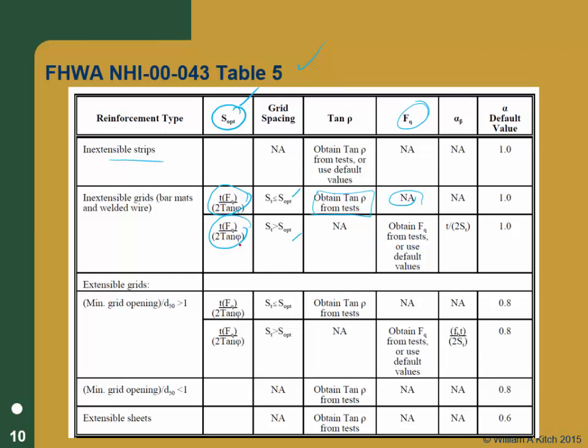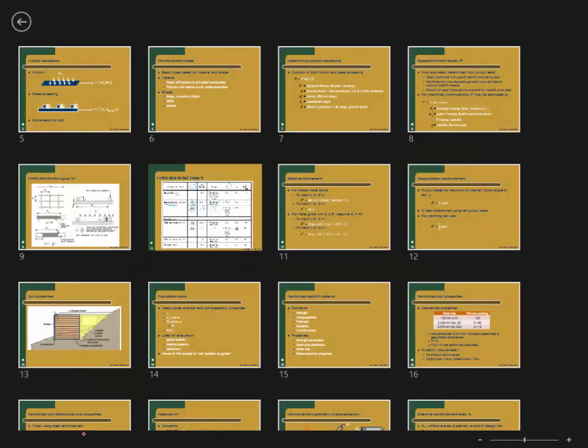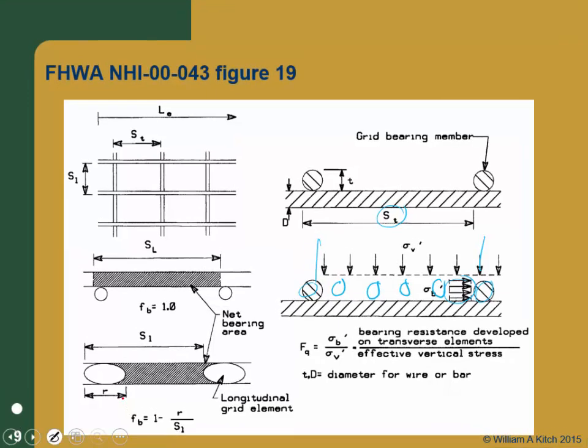On the other hand, if your spacing is much greater than the optimum, you get almost no frictional resistance from bars or mats for welded wire mesh. If you think about it for a minute, there's not a lot of area in the bars here compared to the capacity you're going to generate out of that lateral bearing for a welded wire mesh.